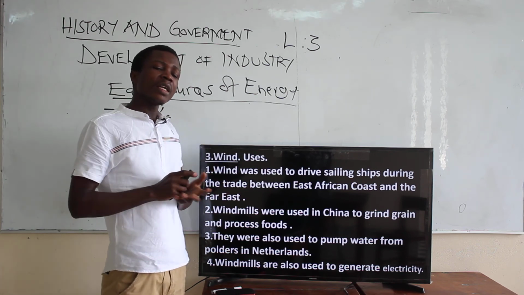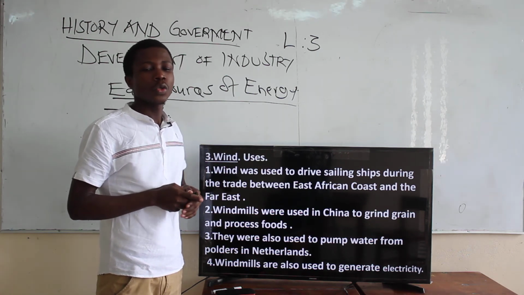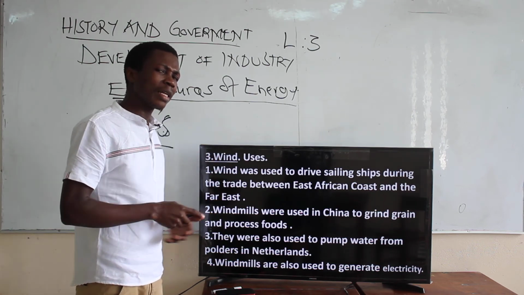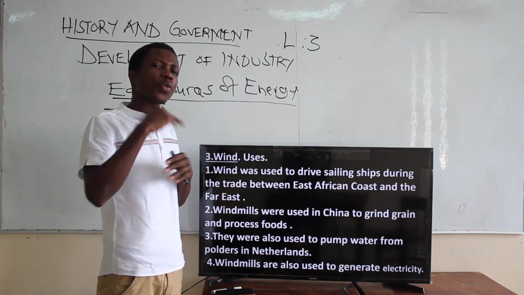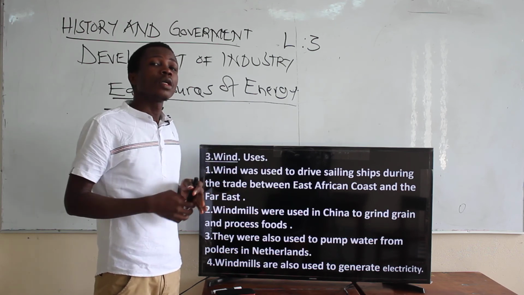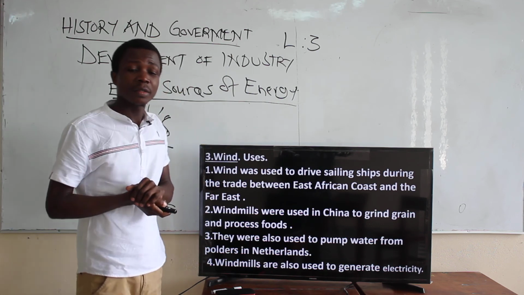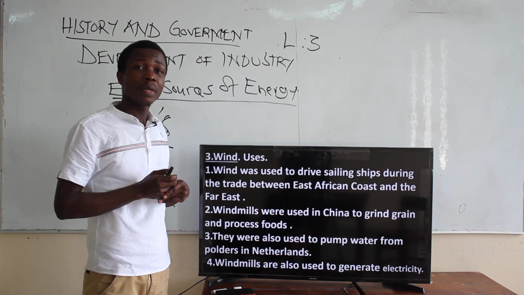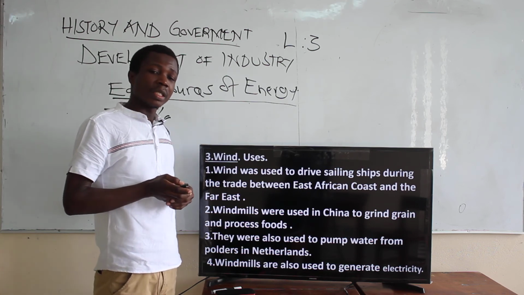Then the third use of wind as an early source of energy is that it was also used to pump water from the lowlands in the Netherlands. They could use wind by connecting it to the windmill to pump water in the Netherlands. That is another use. Then the next, windmills are also used to generate electricity.